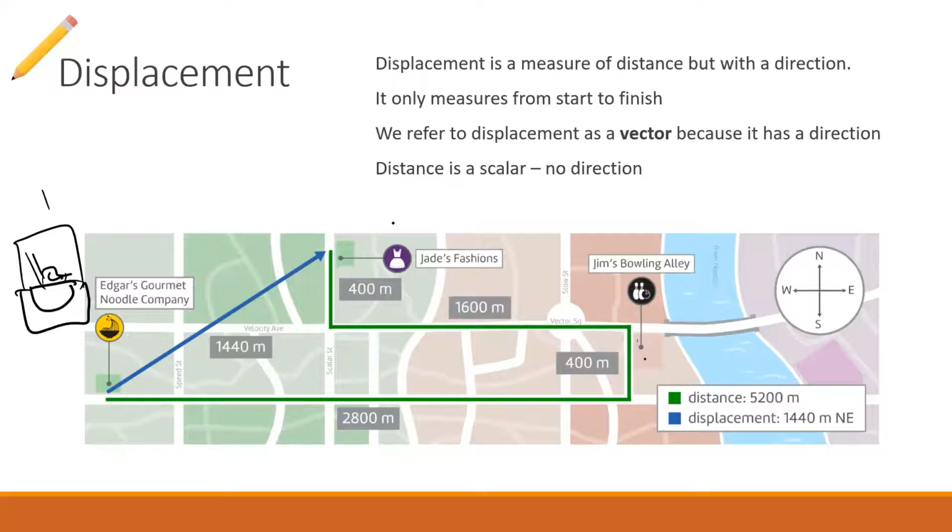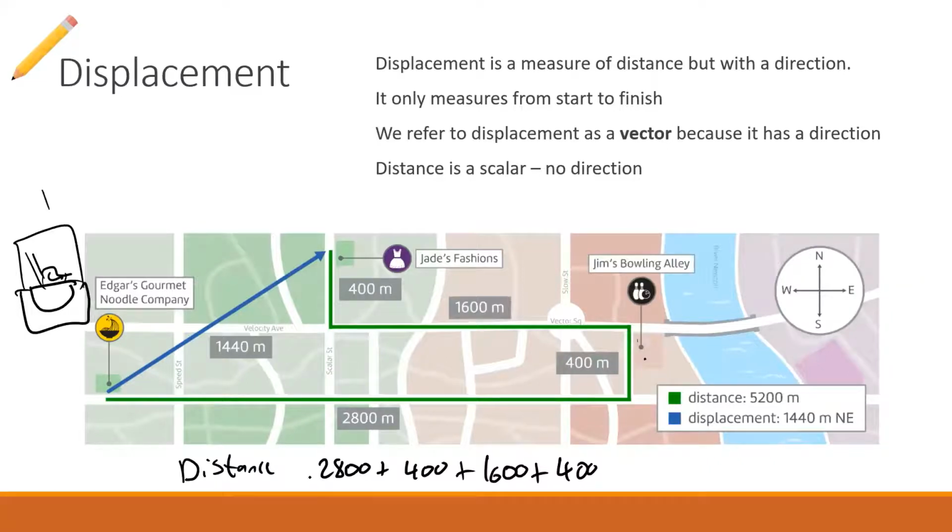Let's compare distance to displacement. The distance traveled is 2,800 plus 400 plus 1,600 plus 400. That's going to be 2,000, that's going to be 3,200.